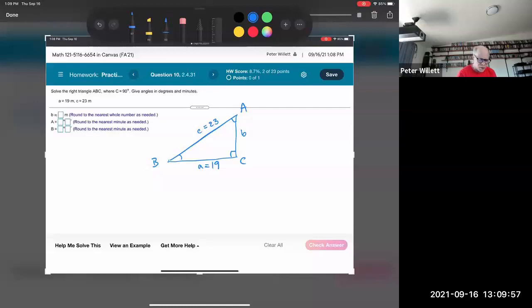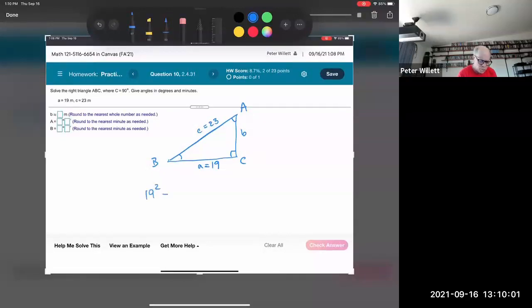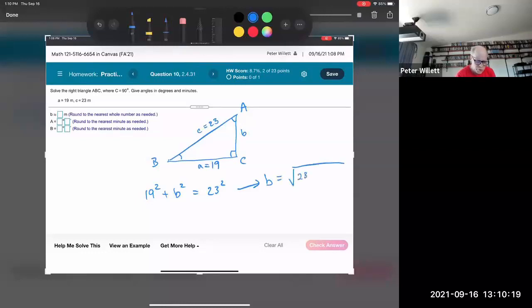So to find b, we know that a squared plus b squared equals c squared. And as I said that, I filled in the two that we know. So if I solve this for b, that means b will be equal to the square root of 23 squared minus 19 squared.